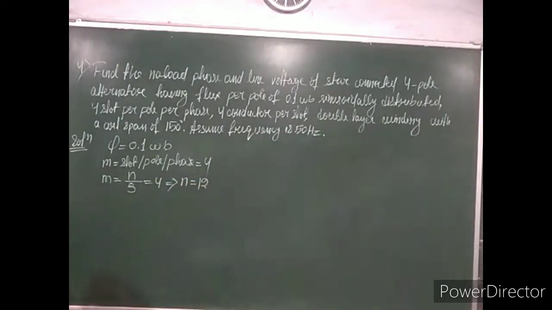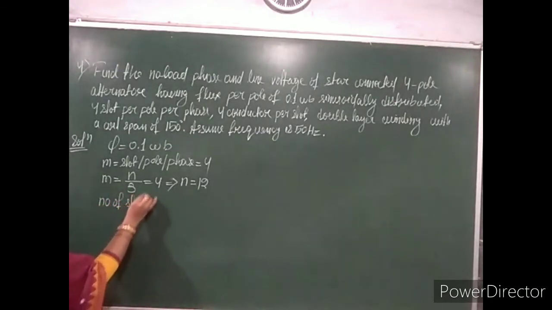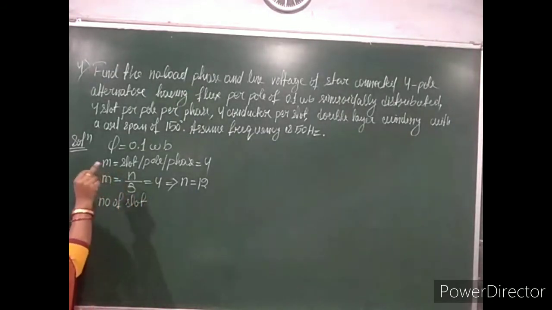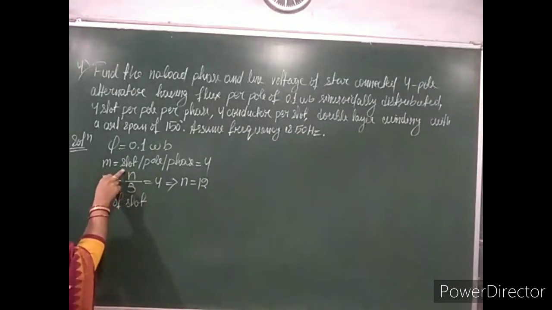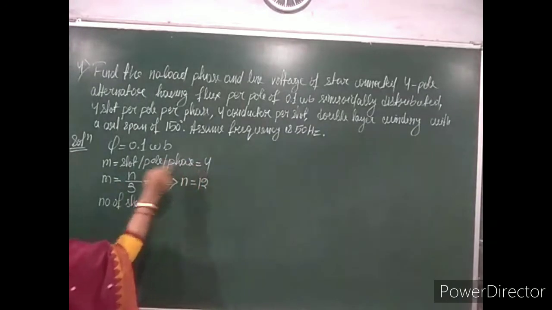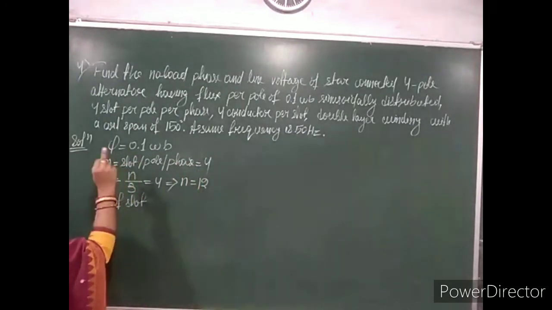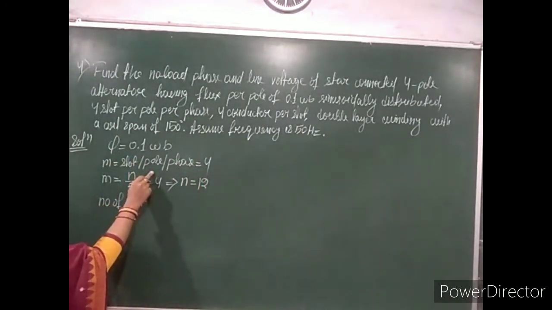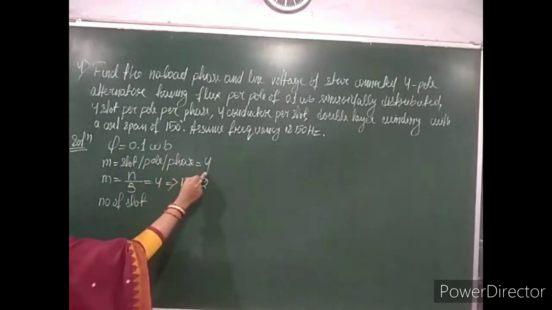Then number of slots. Here see, what is the data given? The data given is slot per pole per phase is 4. It means the number of slots under one pole, under one phase is 4.